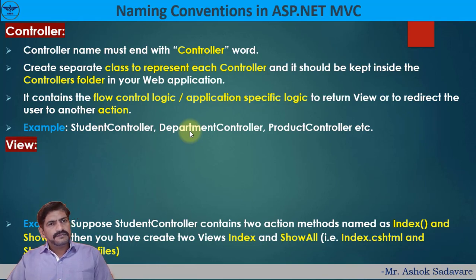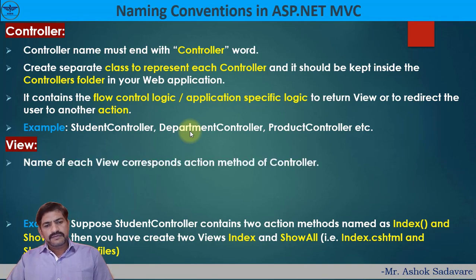Next is the view. The name of each view corresponds to the action method of the controller class. The controller class contains a number of action methods and non-action methods, so the name of the view should match the action methods defined in the controller class.